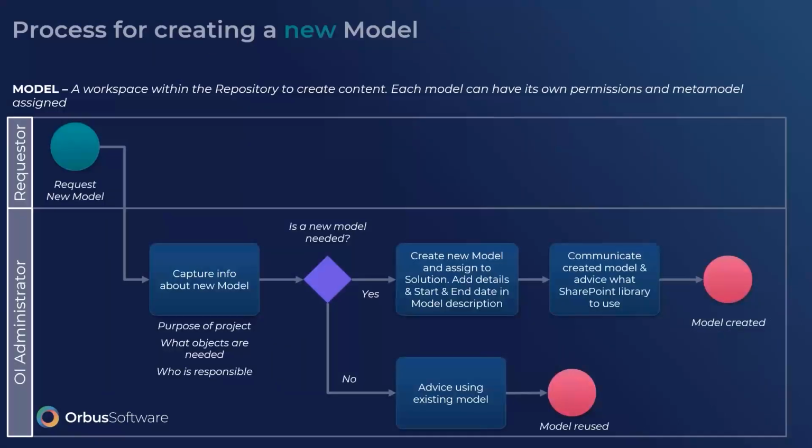What would a typical process look like to request a new workspace? Well, as an administrator, you can request a new workspace. In Orbus Infinity, that's what we call a model. A model is a workspace that allows me to create content that will not impact my current baseline.